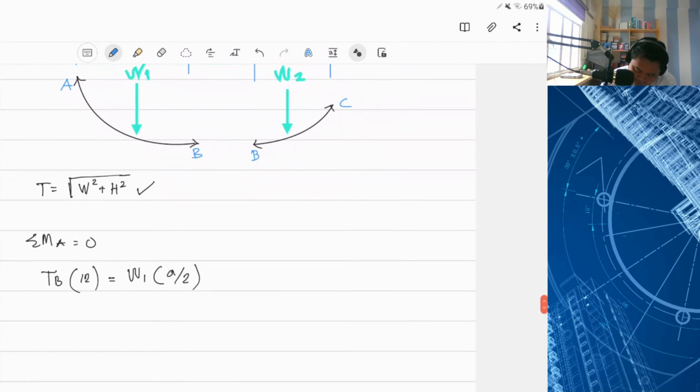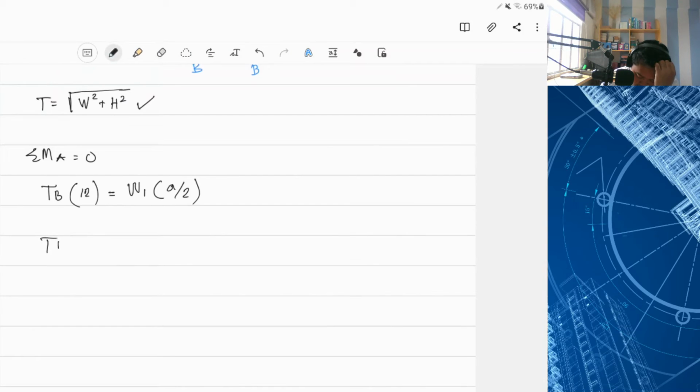So TB times 12, but W1, I can express that as small w times the horizontal distance A times its moment arm A over 2.